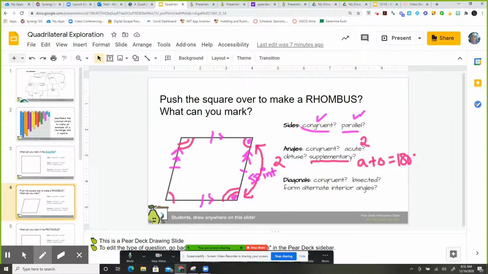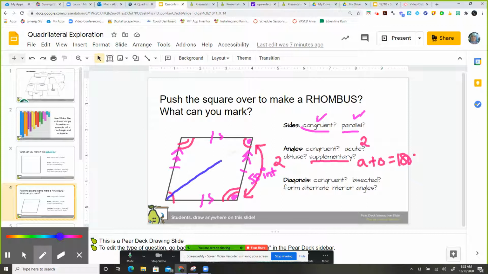If I put in some diagonals, I don't know if I can put any diagonals in this, but we're going to try. I've got a long diagonal and then a shorter diagonal. So are the diagonals congruent? No. They are not.